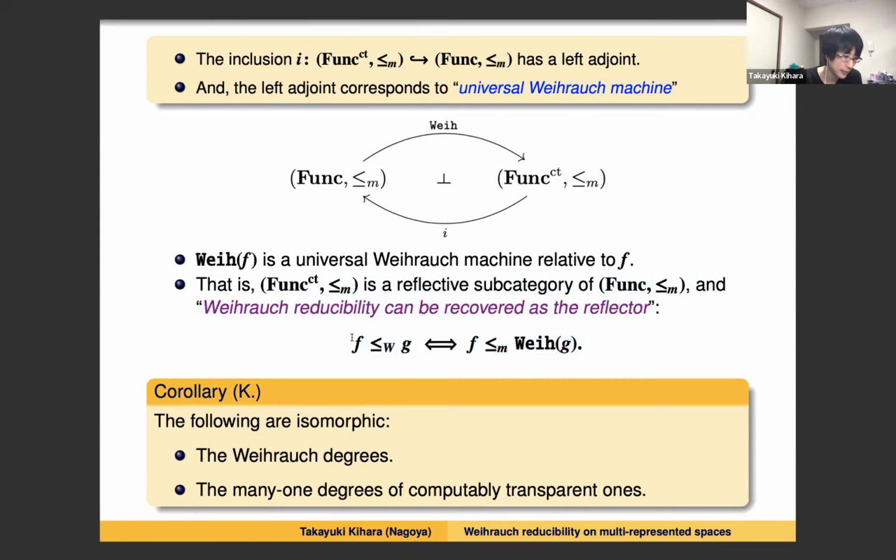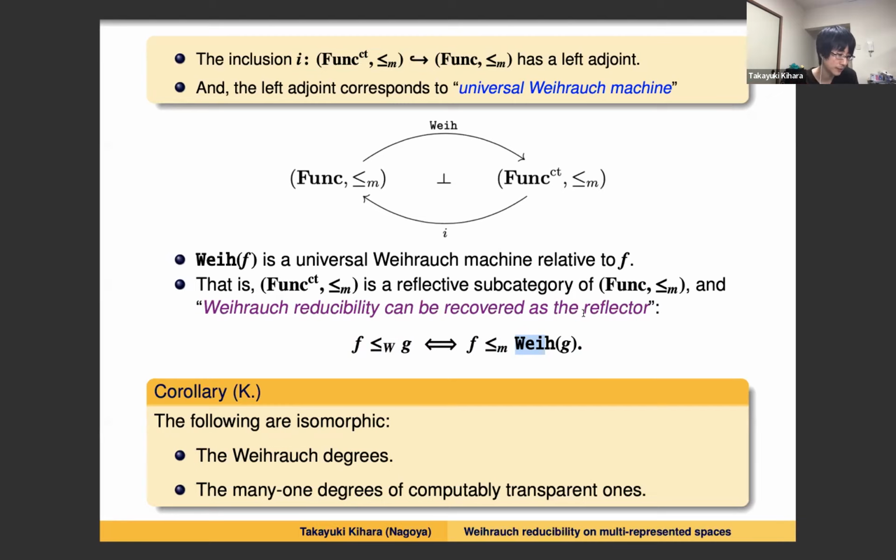We can show that F is Weihrauch reducible to G if and only if F is many-one reducible to via G, where via is any left adjoint of the inclusion. Via is any left adjoint, so the name does not mean anything. The point is that via is just the name of a computably transparent function generator, which a priori has nothing to do with Weihrauch reducibility.